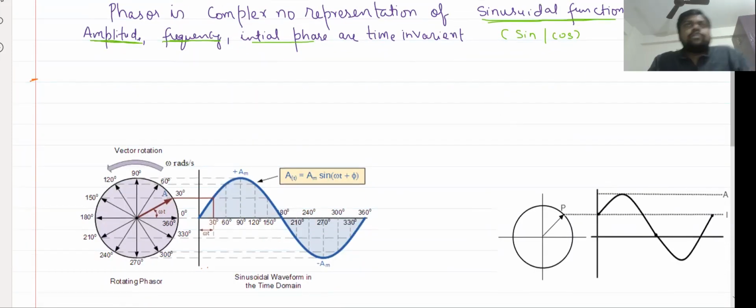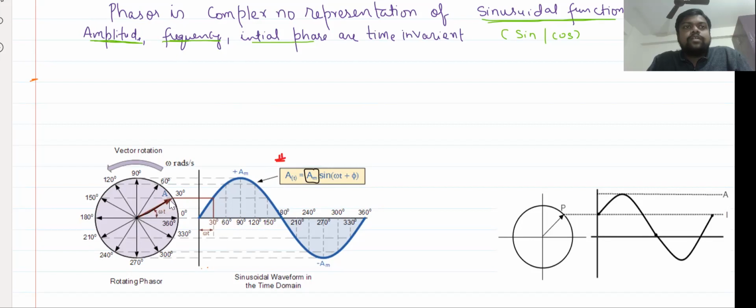So here you see that at 0-degree angle, this is the rotating vector. If suppose you want to find the phasor of this equation, A is equal to Am sine omega t plus phi, what you have to do is first find the amplitude of this. Once you have found the amplitude, you have to draw a vector.